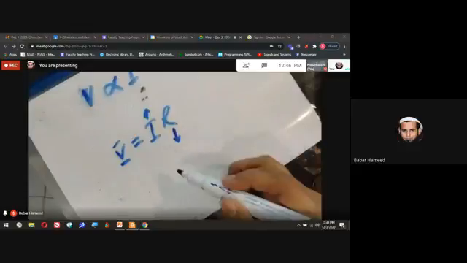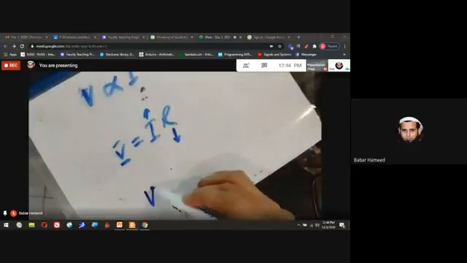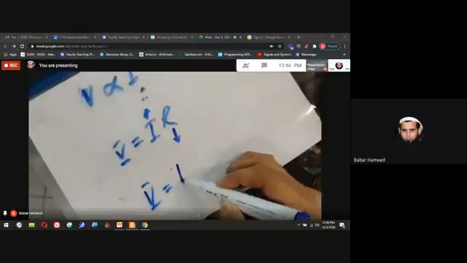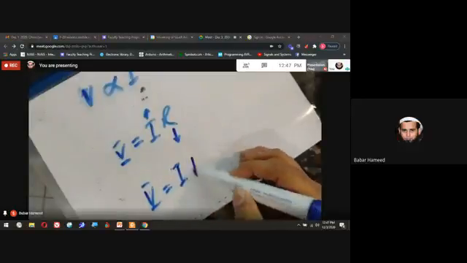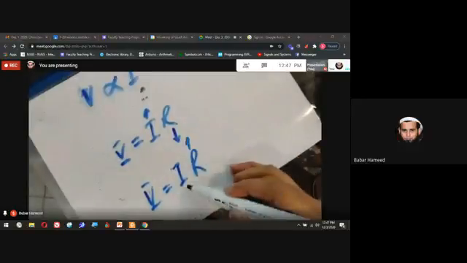Similarly, if V is constant, then if R is increased, I will decrease.